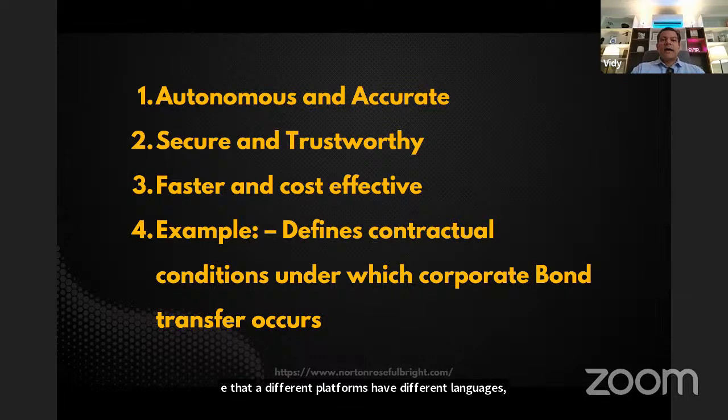Smart contracts are autonomous because, like I said, they act based upon an external event captured by the software system. It is accurate because the logic for the smart contract, or the action that it has to take, is already encoded in the smart contract. It is secure because it is on a blockchain, and I have already explained the security features of blockchain.